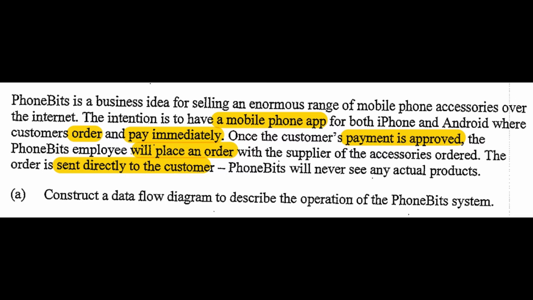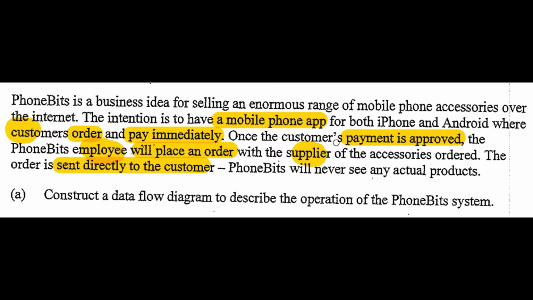So what I will do in this particular case, I'll comment on that. We have the customers, we have the employee, and we have the supplier. Three external entities, right? And then there's another one, payment approval. So who approves the payment?